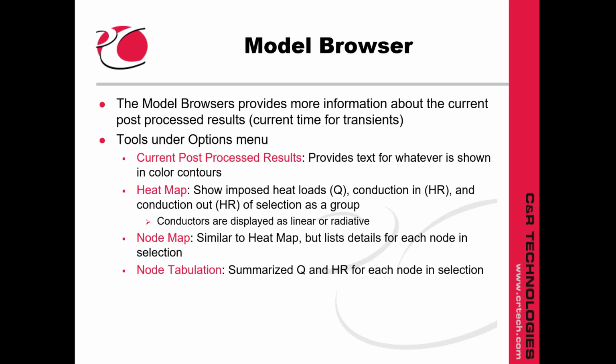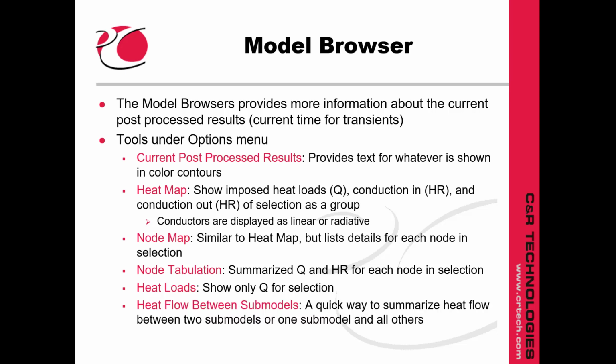Then there's Node Tabulation, which summarizes Q and heat rate for each node in the selection. Heat loads will show only Q for the selection. And then there's heat flow between submodels. This is a quick way to summarize heat flow between two submodels or one submodel and all others.